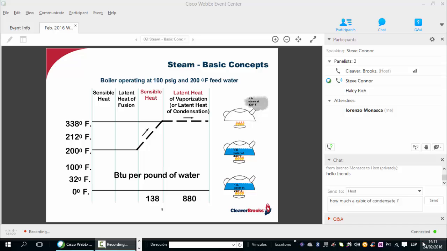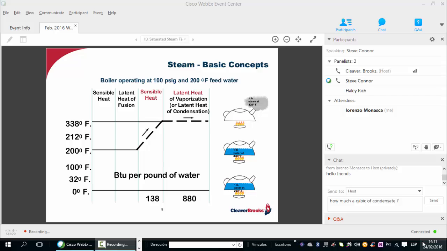Then to the right of the 138, you see 880 BTUs per pound of latent energy. This is the energy required from the burner to produce a pound of steam at 338 degrees Fahrenheit, the same as the water temperature. This latent energy is what goes into the process before the steam condenses.